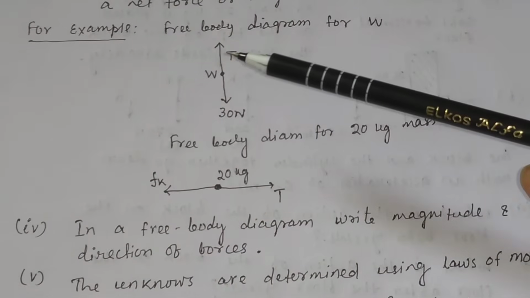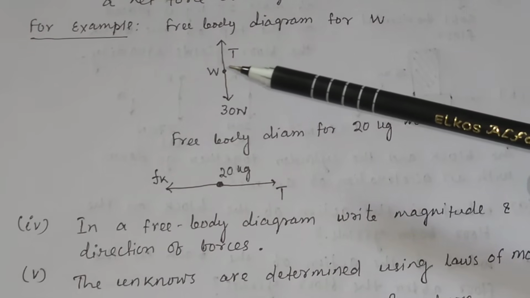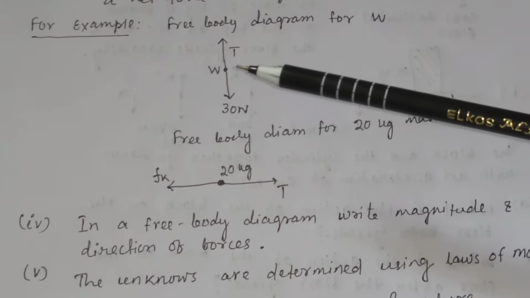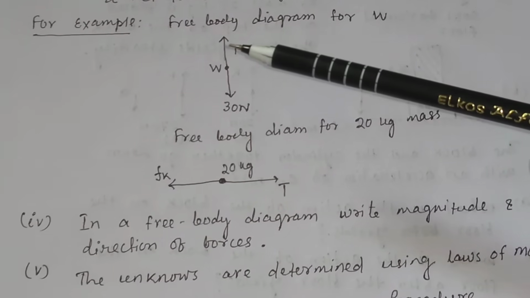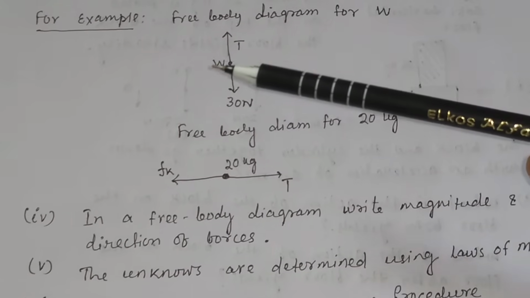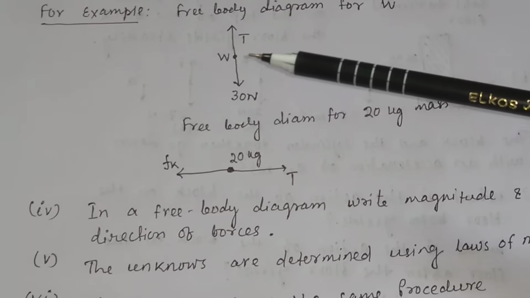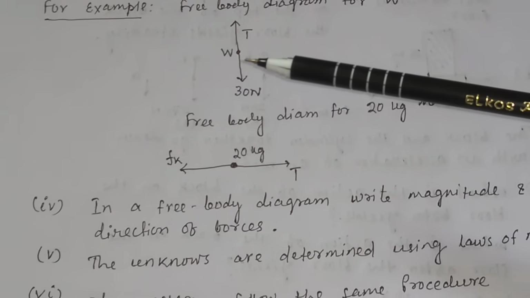You see, this is the free body diagram of the 3 kg weight. This is a separate diagram which shows the system, that means the weight, and all the forces on the system by the remaining part of the assembly.